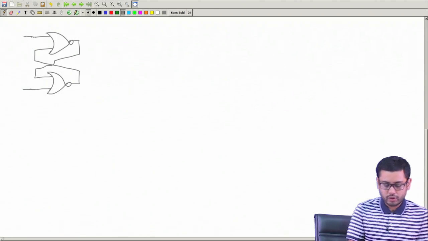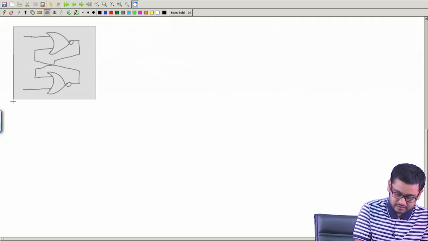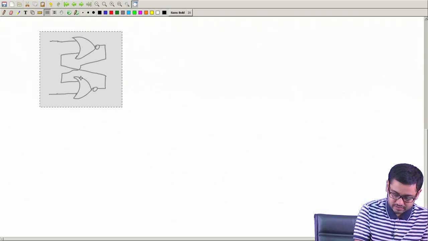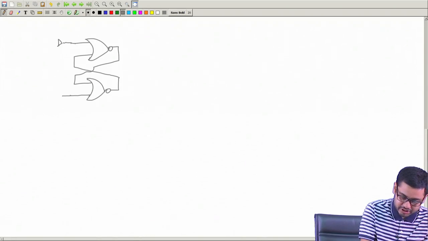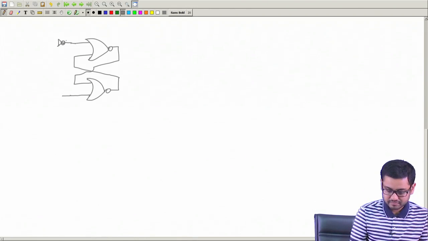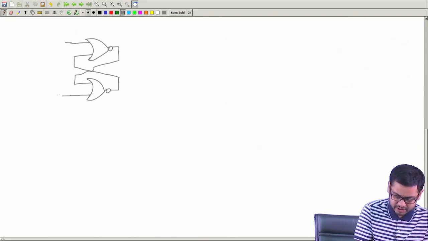Now, what I will do, I will connect, say, a NOT gate. So, this is a NOT gate. Okay, or I can also connect it here, both will be same.